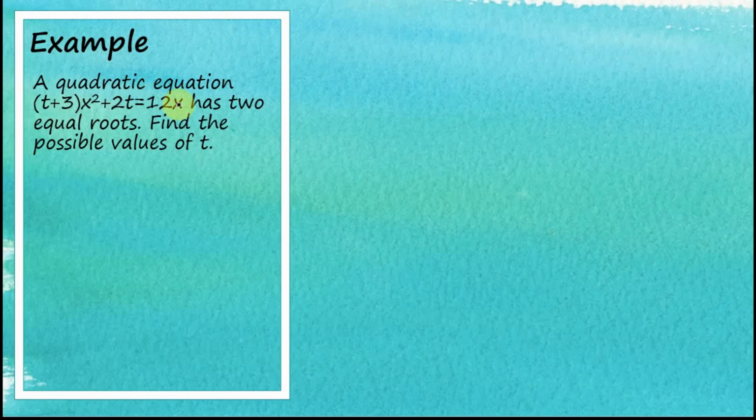We have a quadratic equation here, and then we are told that this equation has two equal roots. So we are asked to find the possible values of t. If the quadratic equation has two equal roots, it means that the discriminant b squared minus 4ac is equal to 0.